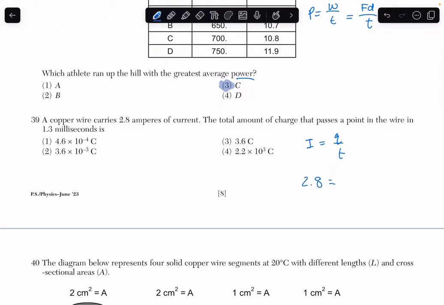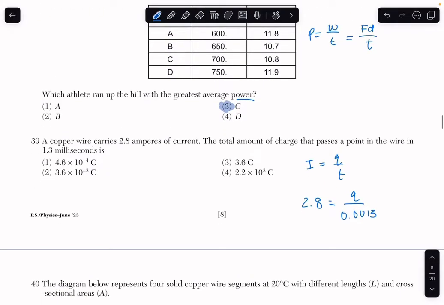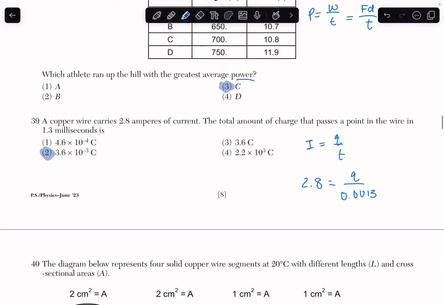We don't have the total amount of charge, that's what we're looking for. So 2.8 equals Q over 1.3 milliseconds, which is also 0.0013 seconds. So once we do that, we solve for Q, and then we're going to get Q equals 3.6 times 10 to the negative 3 coulombs.